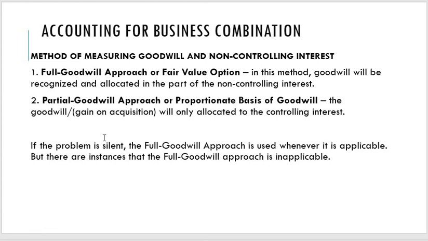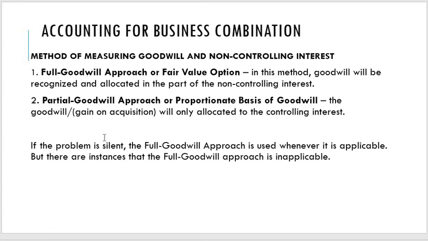So in the full goodwill approach, goodwill will be recognized and allocated to the controlling interest and the non-controlling interest. Meaning to say, the non-controlling interest shares in the goodwill under full goodwill. But under partial goodwill, the goodwill or gain on acquisition will only be allocated to the controlling interest.